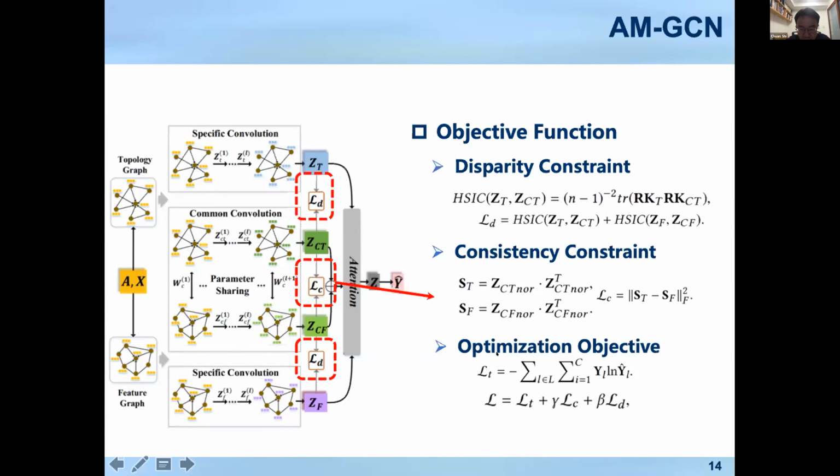Finally, we get the optimization objective, which includes three components: the prediction loss and two constraint terms.